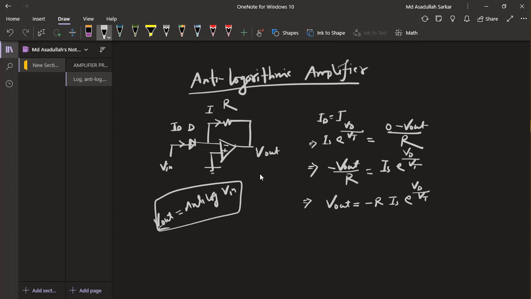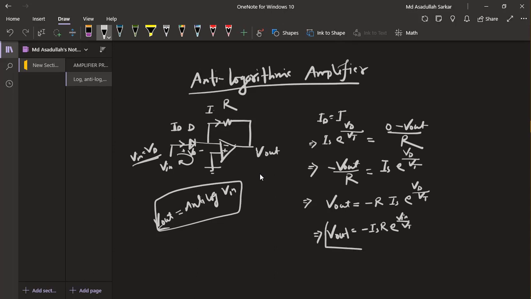For this, if I make a loop here with the voltage VD plus and minus, then we easily find that V input is equal to VD. So we apply V input instead of VD. Here V output equals minus Is R exponential V input by Vt.